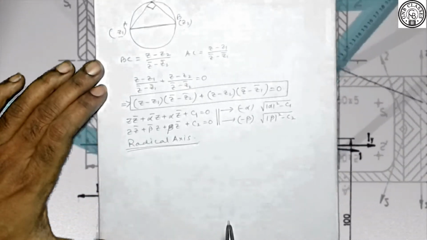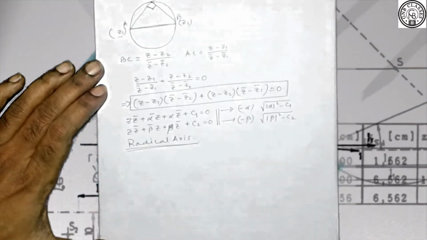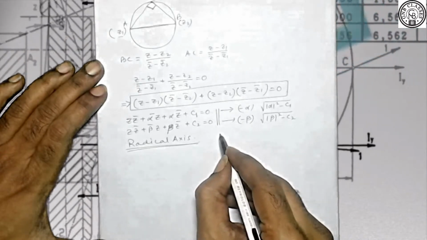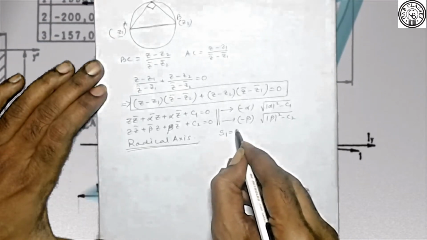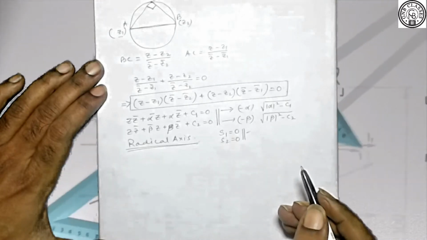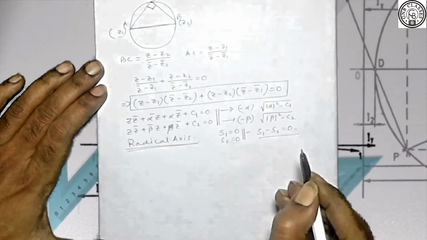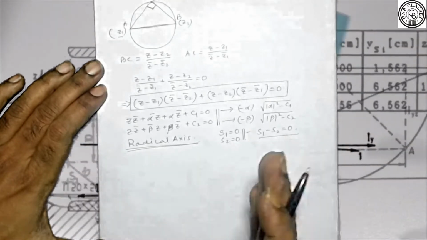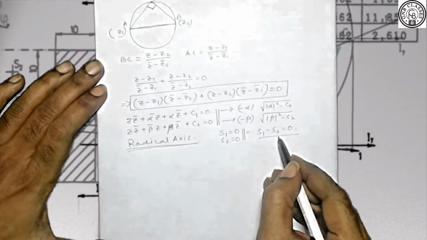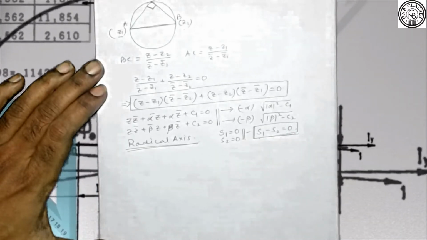I just want to recall that when two circles are given, S1 equals 0 and S2 equals 0, we find the equation of the radical axis just by subtracting one circle from the other. When these two expressions are subtracted, we always get the equation of the radical axis.